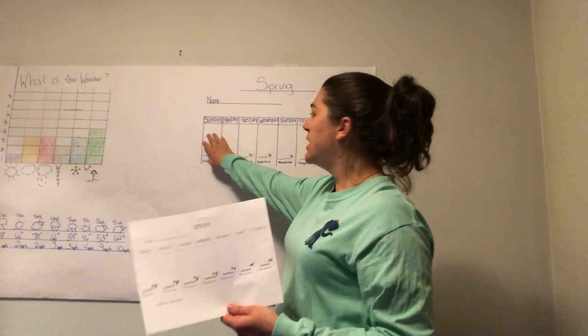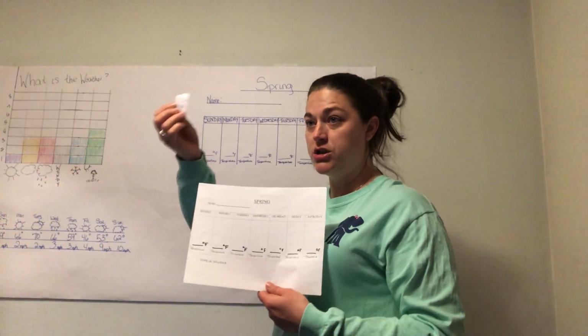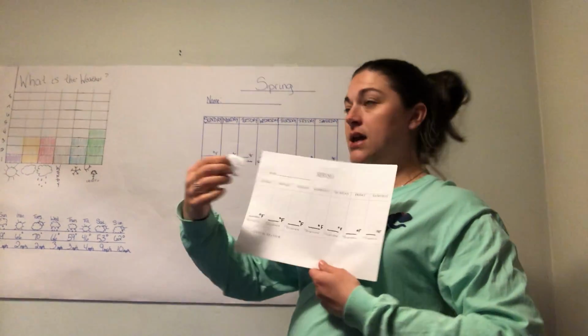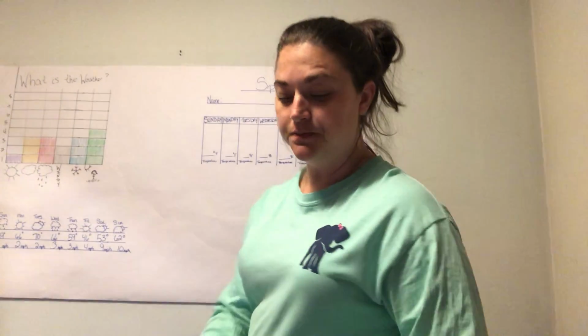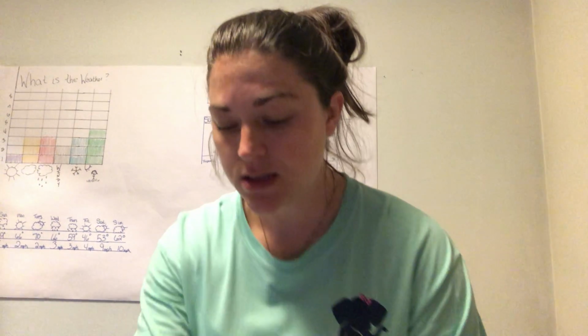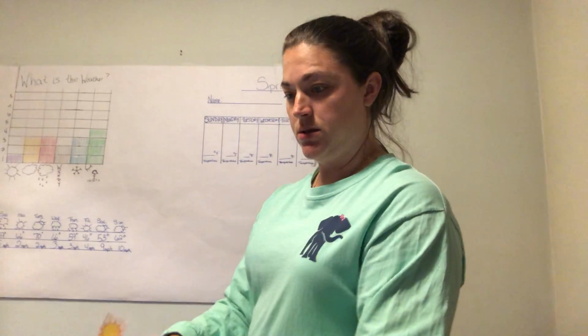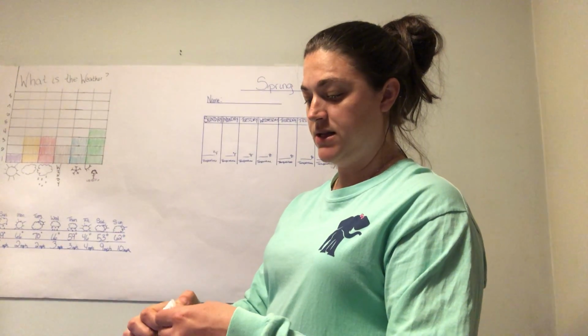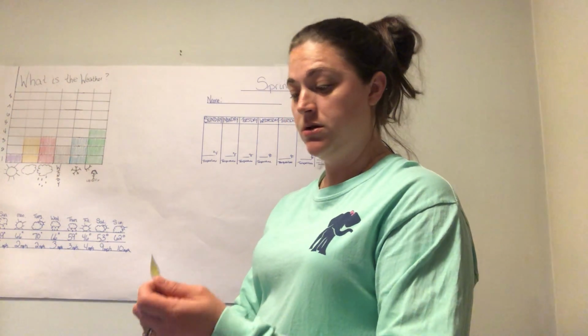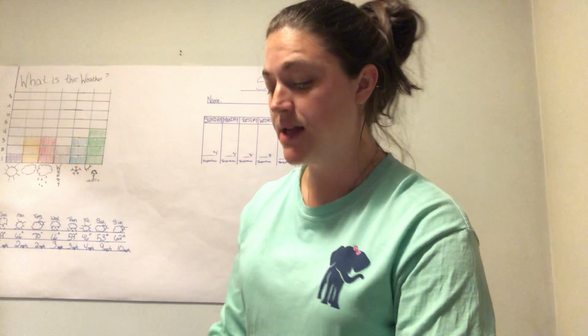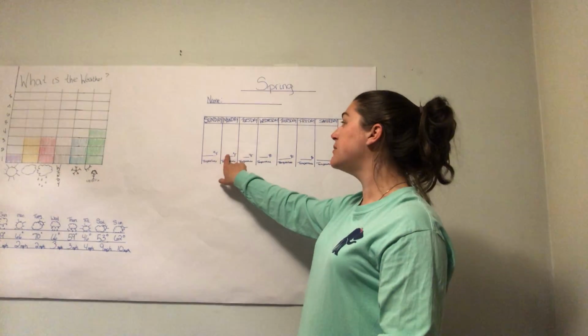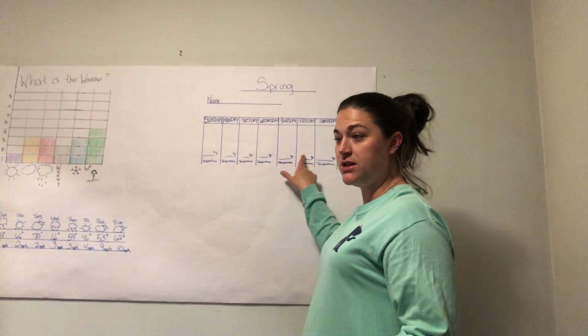So what you'll do is you'll cut out the right stickers that you want to use for this day or this day, and you're just going to glue them on whichever day, and write in the temperature that you think would be an appropriate temperature for the spring day.